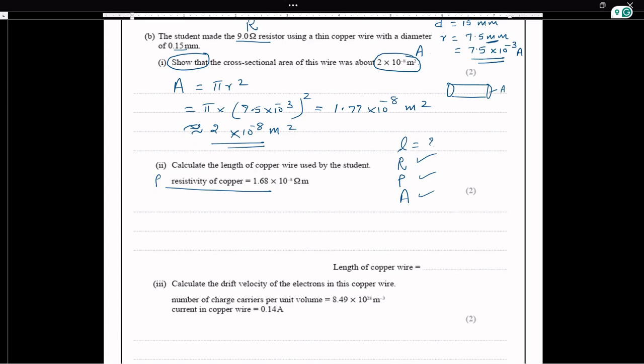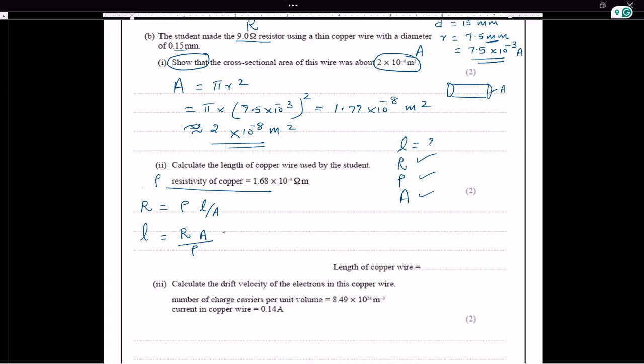Let us recall the equation connecting all of them. R is rho L over A. Calculate the length of the copper wire. So taking L as the subject, it is R times A over rho.